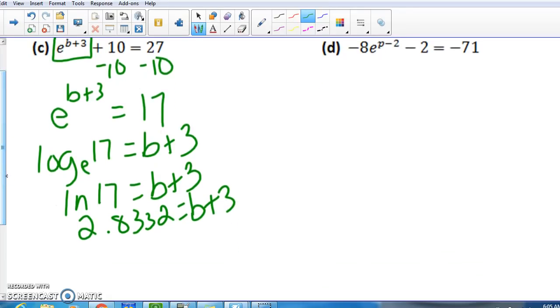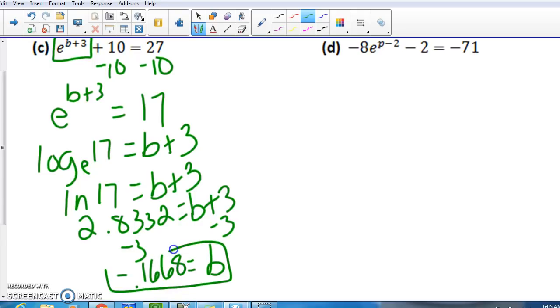Now to get b by itself, I'm going to just subtract 3 from both sides. So if I do that, I end up with b equals negative 0.1668. So the only catch here is you have to remember that when you see log base e, it's the same thing as ln.